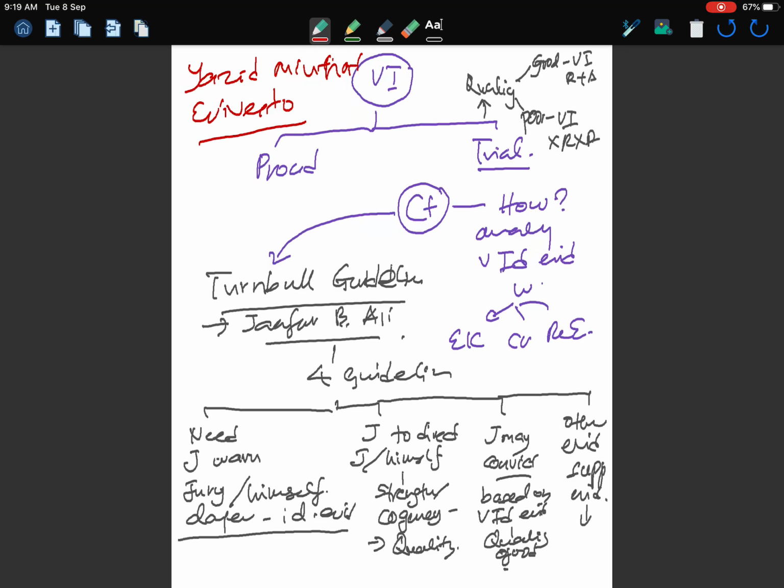So what happened? The case like Yazid Minhad, and you have the case of Arivesto. These cases basically do not apply Turnbull guidelines strictly. Now, even though these cases do not apply Turnbull guidelines strictly, these cases have emphasized the quality assessment, right?